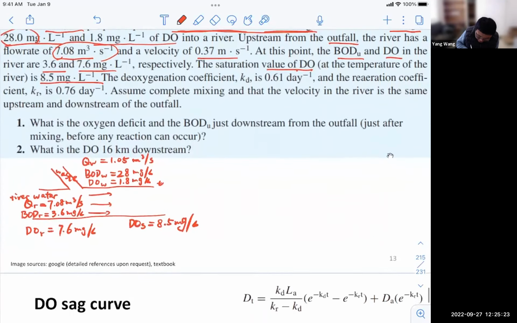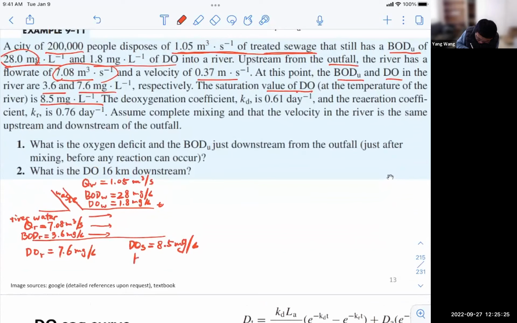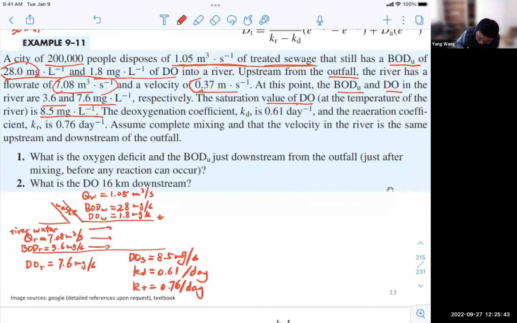And then you have the deoxygenation coefficient, K D, which is 0.61 per day, and you have K R, 0.76 per day. Okay, so these are all the conditions. And further you have the velocity of the river, 0.37 meter per second. So this is how fast the river flows.